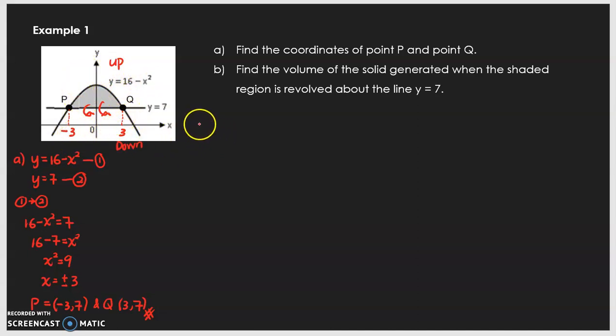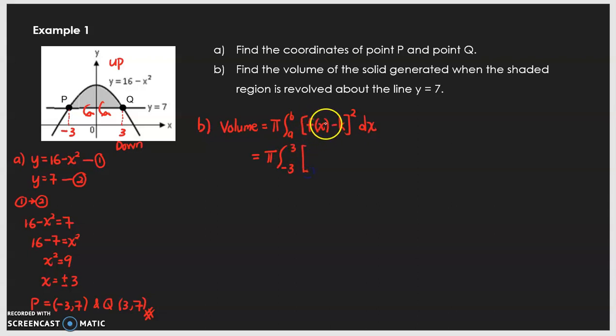So volume for question B will be equal to pi integrate from a to b, f(x) minus k squared dx. So based on our curve, pi integrate from negative 3 to positive 3.